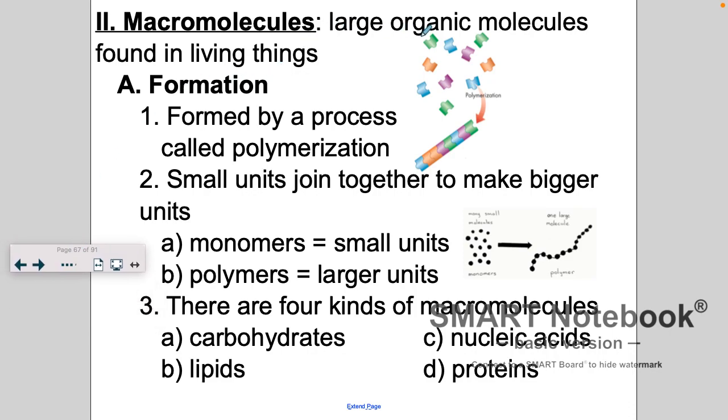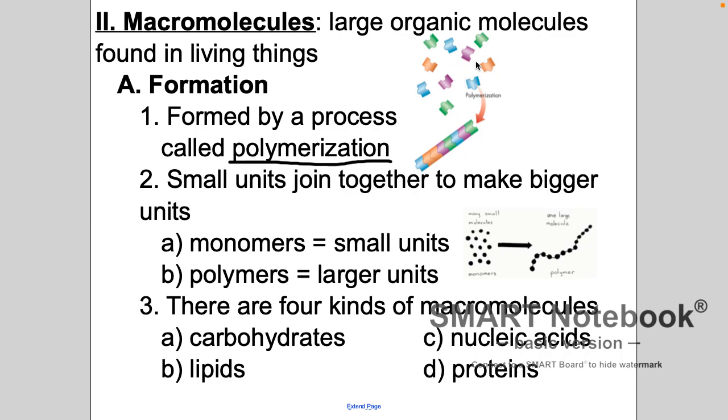These are large, organic, because they have carbon in them, molecules found in living things. And how they form is through a process called polymerization. If we break down the word polymerization, poly means many. Okay, and so basically we're taking many pieces and we are gluing it together.